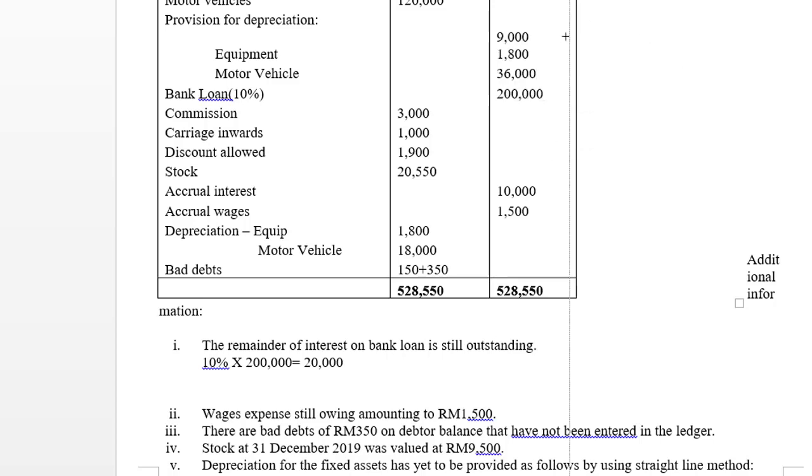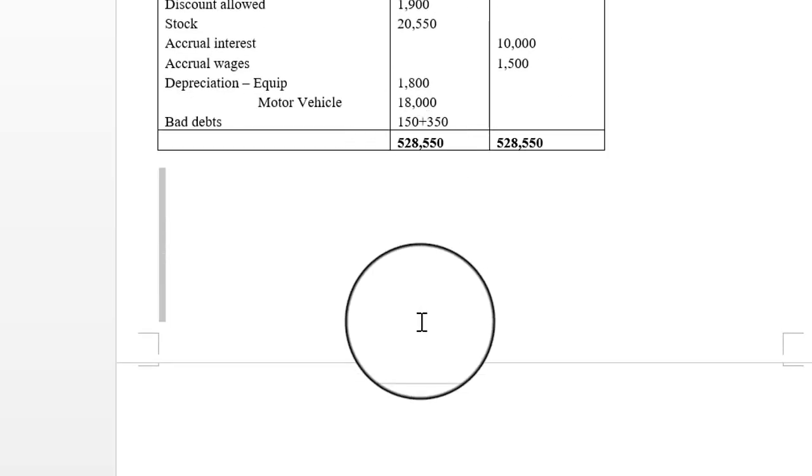So you have to add 18,000. This is the adjustment that you need to do.